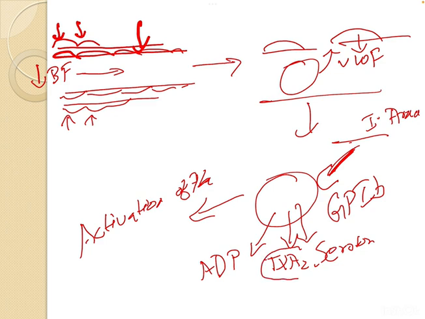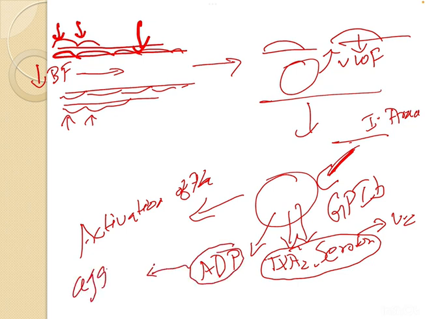Thromboxane A2 and serotonin enhance the vasoconstriction, and ADP is responsible for the aggregation of other platelets at the site of injury.